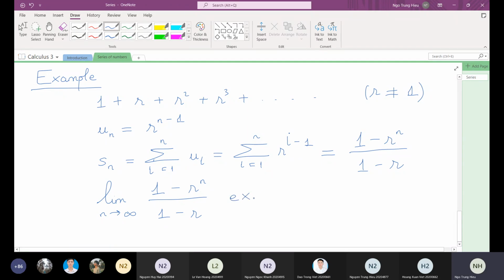When r is less than 1. Almost correct. How about greater than 0. But if r equals negative 1/2, does the limit still exist?